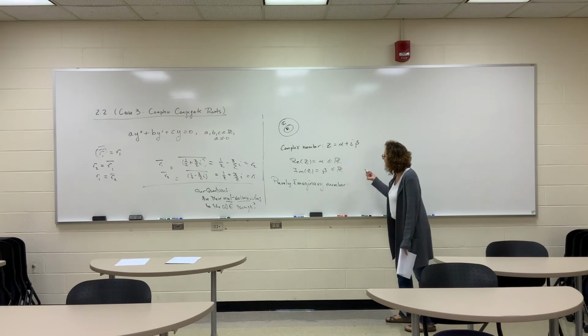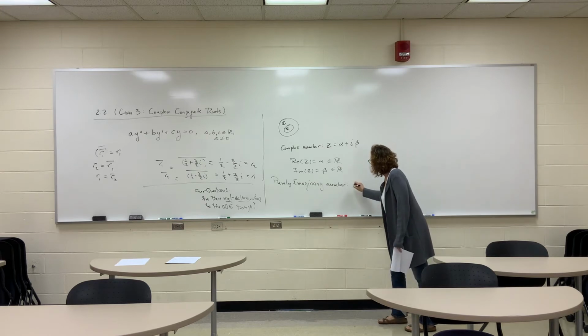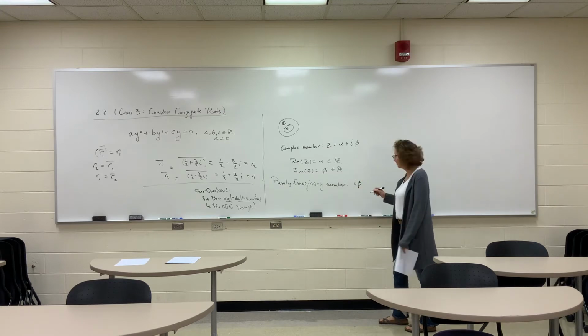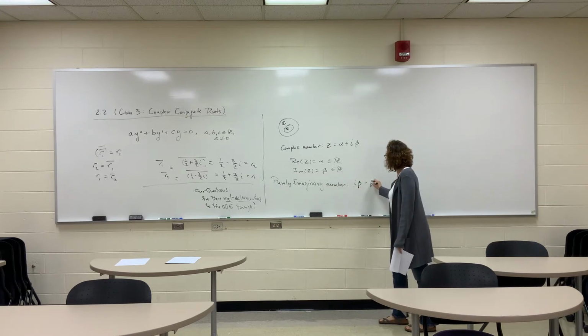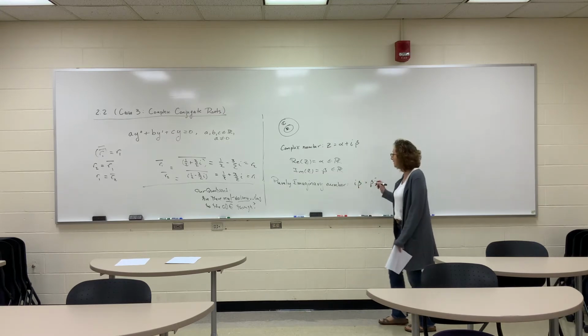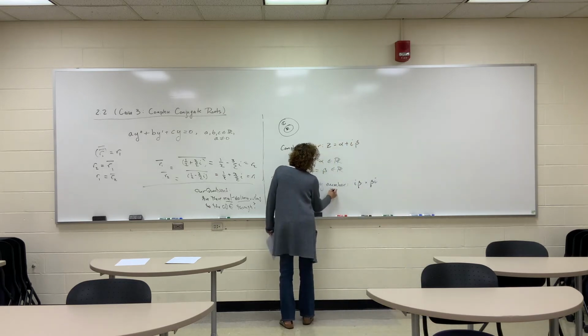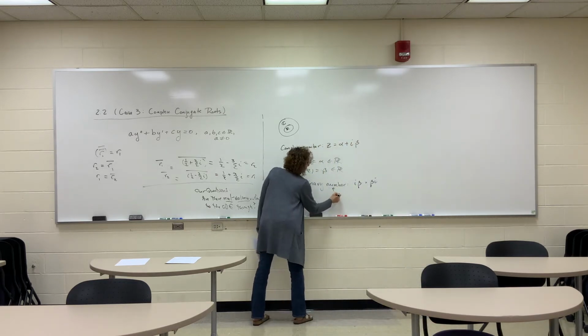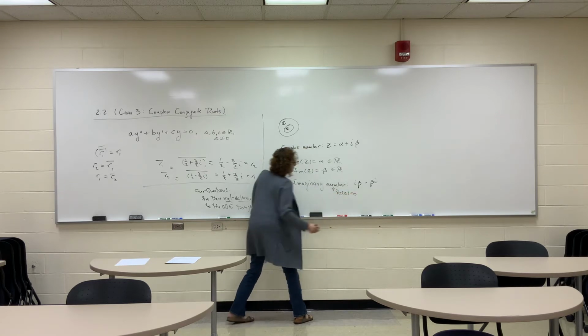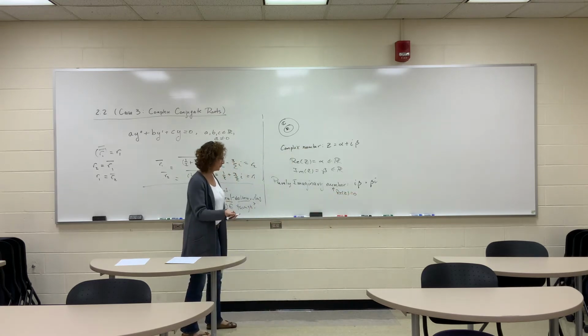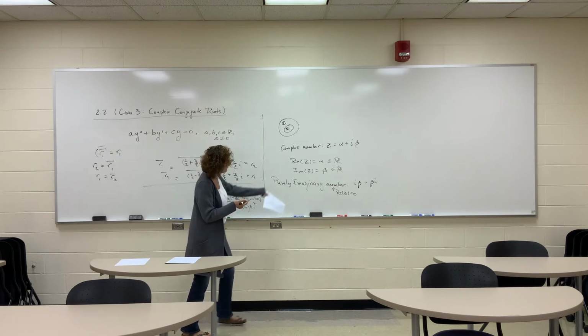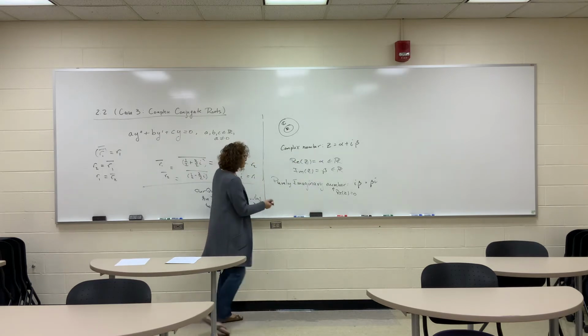So a purely imaginary number would be just something like i beta or beta i, same thing, yeah? So for that guy, the alpha, the real part, would be 0. If z is a purely imaginary number, the real part is 0.